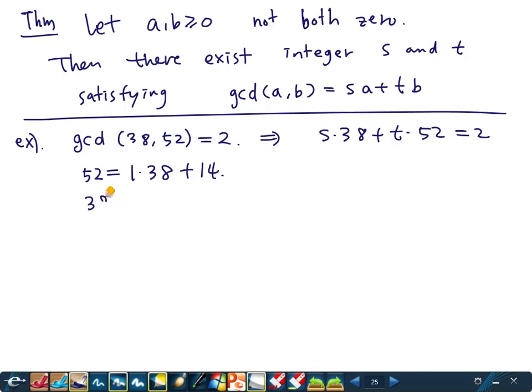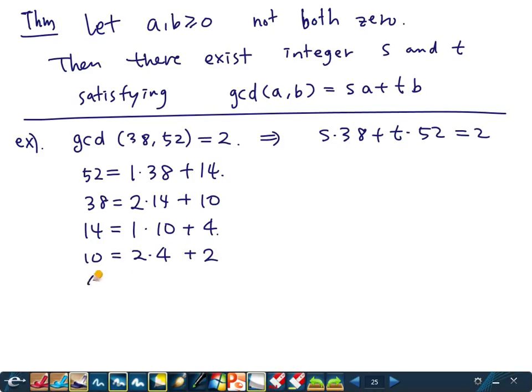So we divide 38 by 14. 14 times 2 plus 10, right? Now we divide 14 by 10. 10 times 1 plus 4. Divide 10 by 4, so 2 times 4 plus 2. Now divide 4 by 2. 2 times 2 plus 0. So finally we obtain 0. So the GCD is 2.